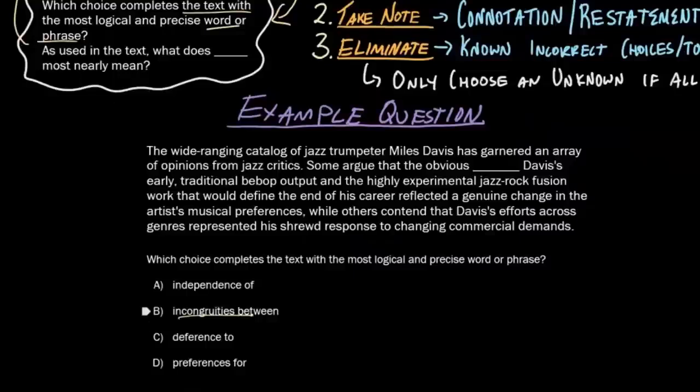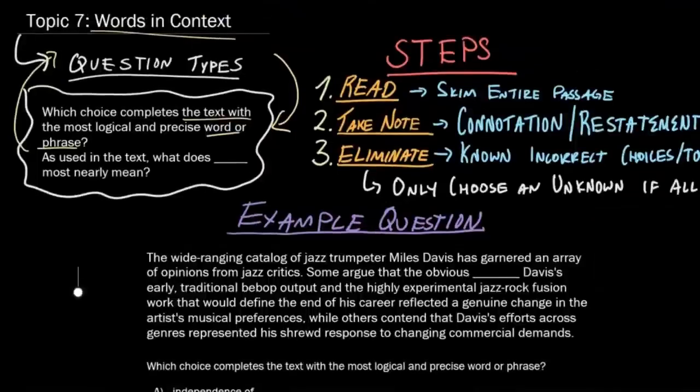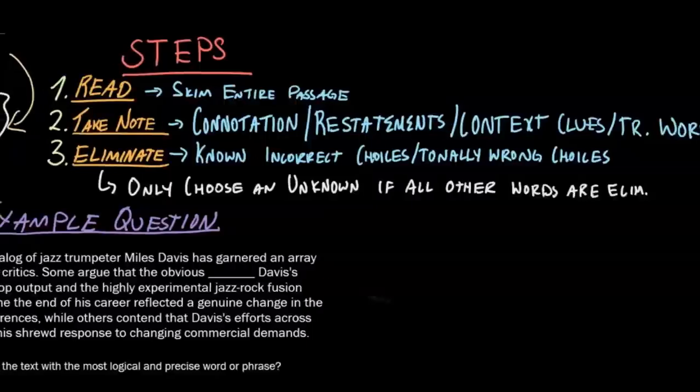So here, for example, incongruities or deferences or preferences or independence, etc. And then, as used in the text, what does, and this is just going to be some vocab word, what does that most nearly mean? What they might give you here is a word that has a bunch of different meanings, like date, let's say. You have the fruit, you have the calendar date, you might have a romantic date, etc. What does that most nearly mean? Then they'll give synonyms for the different meanings of that word.